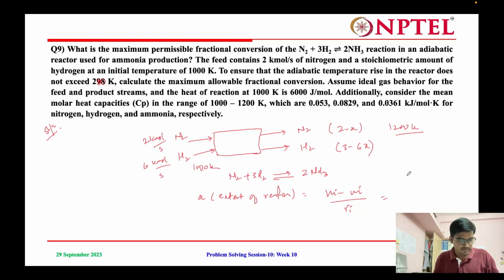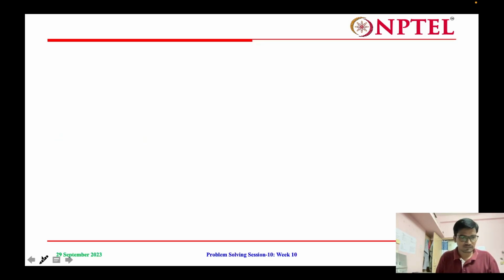So here final mole 2 minus x, initial 2, divided by minus 1, this is for the N2, equals x kilomole. Now the energy balance equation: Cp dT equals minus delta H_R into x.